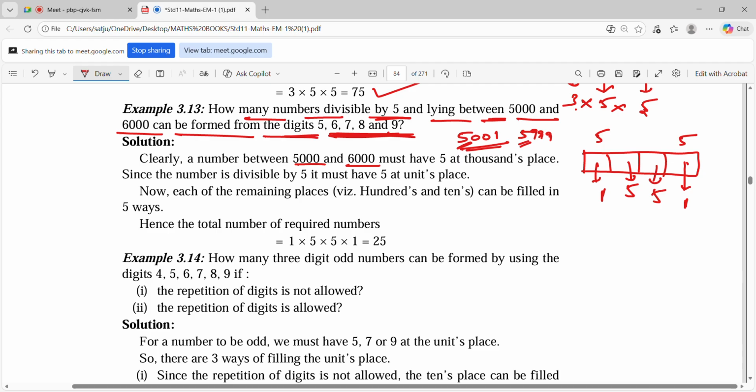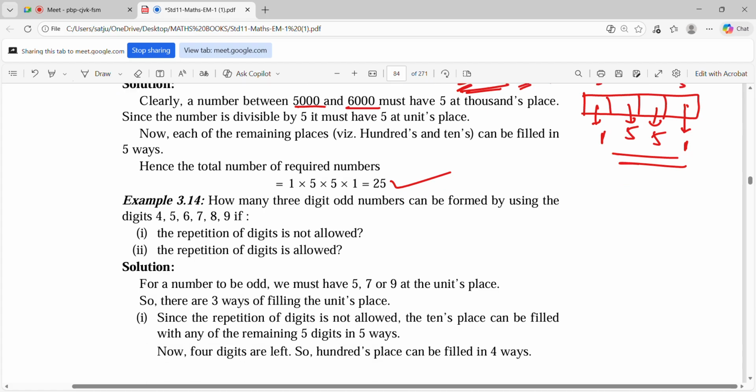So 1 into 5 into 5 into 1, the answer is 25. Everyone understood this one? Clear, right? Let me move on to the next. This is fundamentals, the counting principle.